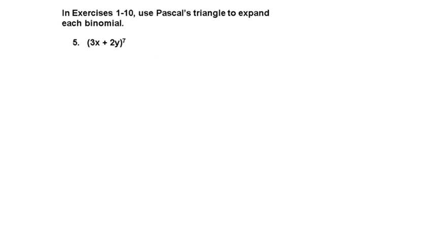Next, problem 5. We have 3x plus 2y to the 7th power. So this is going to be a substantial expansion, right? So we're going to have, I'm just going to write out places.